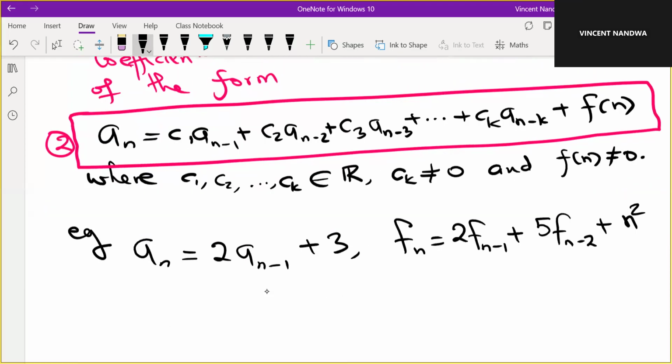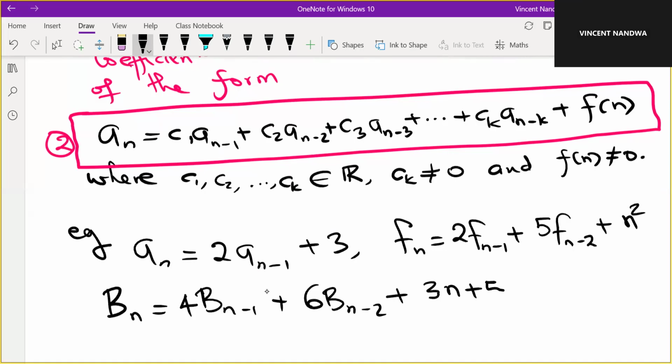If I have bn equals 4 bn minus 1 plus 6 bn minus 2 plus 3n plus 5, this is still non-homogeneous. So non-homogeneous simply means that in the equation, there will be a term which does not depend on the a values. Am I clear?